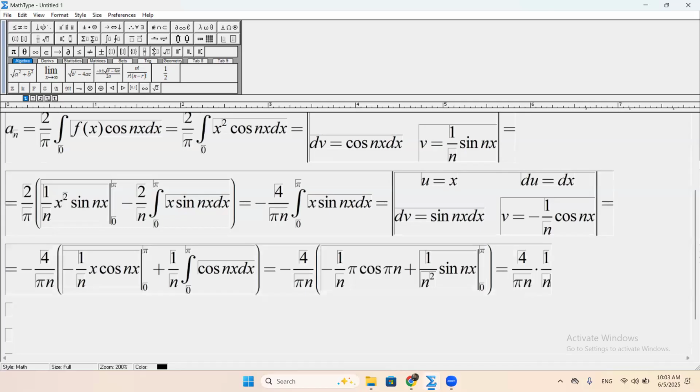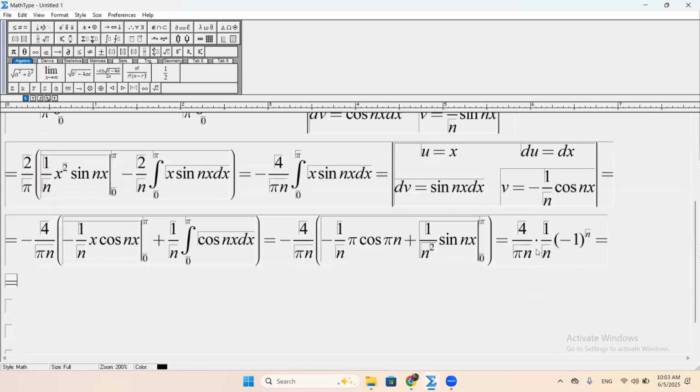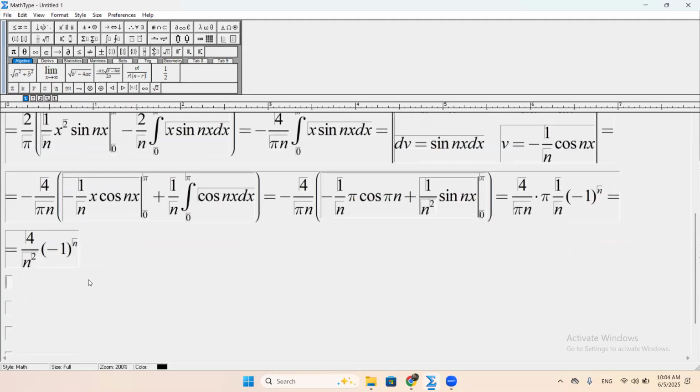So 1 over n multiplied by minus 1 in power of n, and p. We can cancel p, and we receive 4 over n squared multiplied by minus 1 in power of n. So this is an.